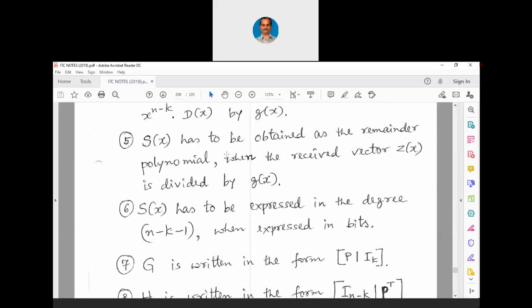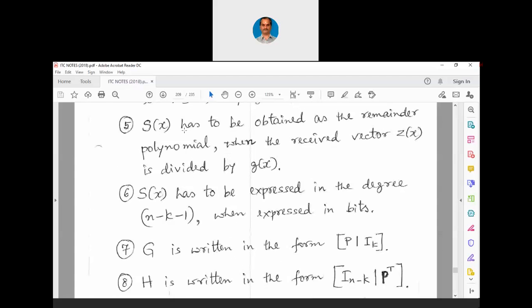Now the syndrome s of x has to be obtained as the remainder polynomial when the received vector z of x is divided by g of x. At the receiver, we will have to obtain the syndrome. For obtaining the syndrome, we perform the division once again. Now we have a notation for the received vector as z of x, and that has to be divided by the same generator polynomial g of x.